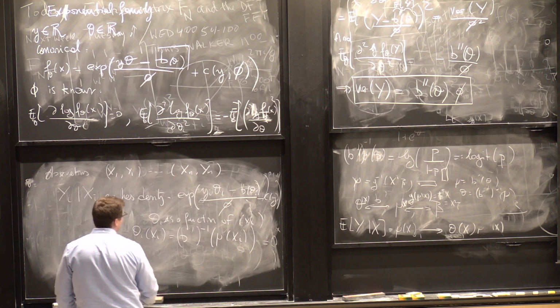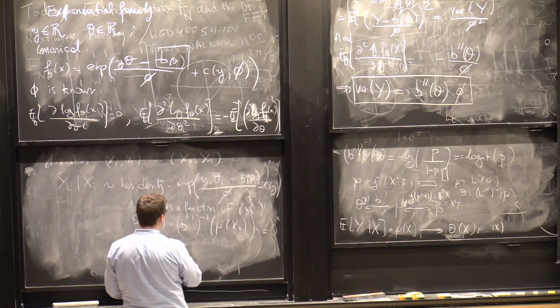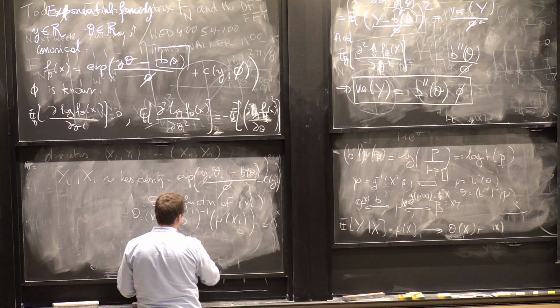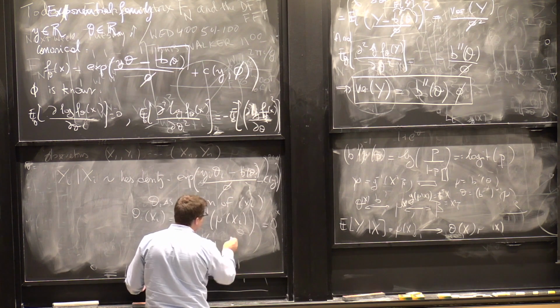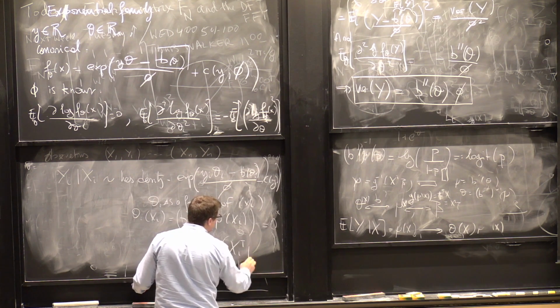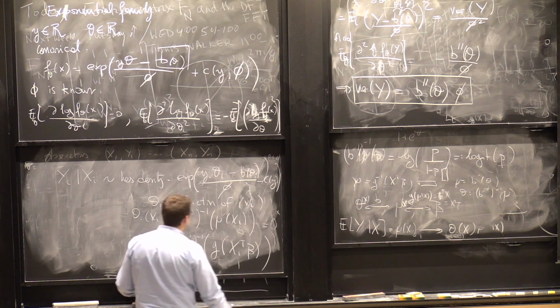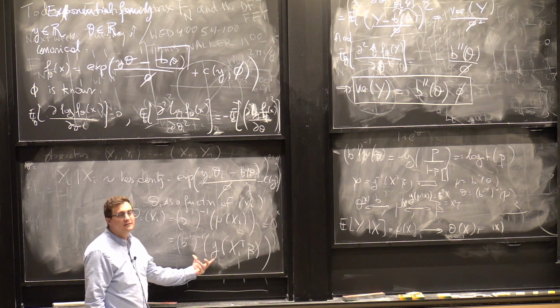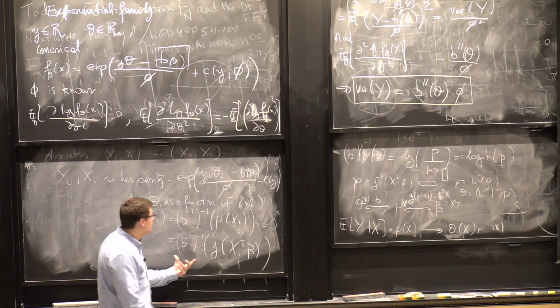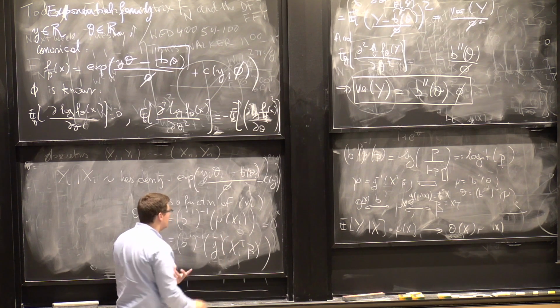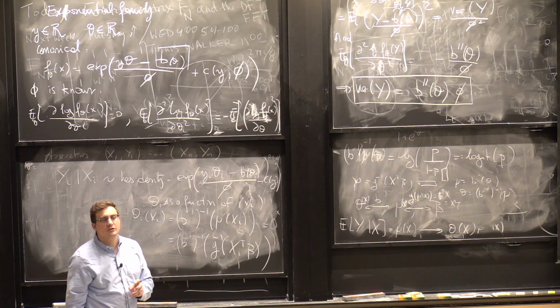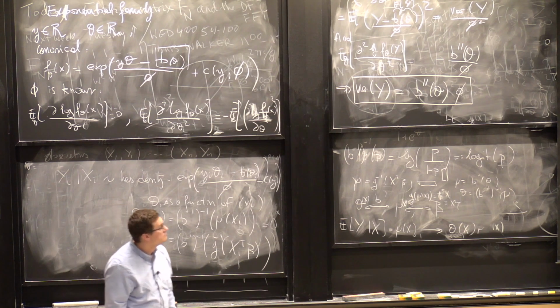This is only when I have the canonical link. So this is actually equal to b prime inverse of g inverse of xi transpose beta. And when I have the canonical link, those two things cancel each other.